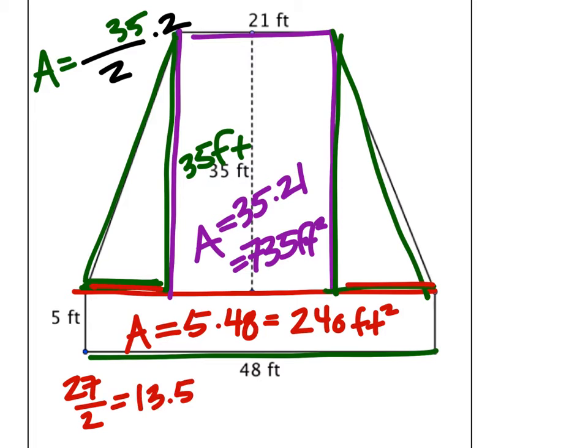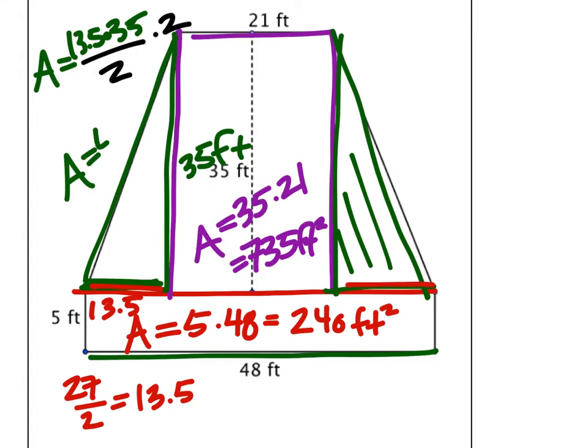How do you know how? Yeah, that gives us 13.5 as a base on this. So that's going to be my base value, 13.5 times the 35 divided by 2, but then times 2 because we have this other triangle. So the area of both triangles is 472.5 square foot.